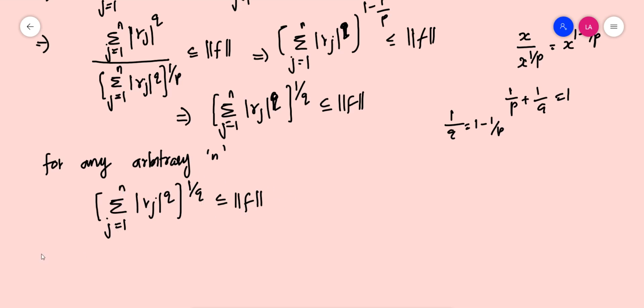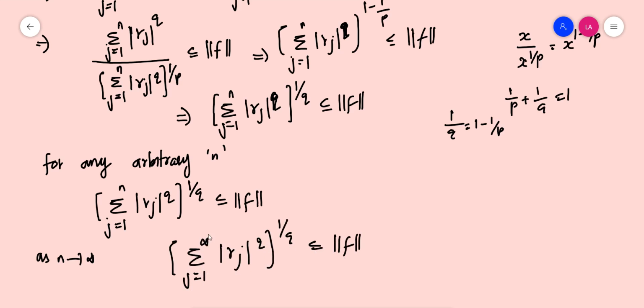So, as n tends to infinity, we can write it as summation j is equal to 1 to infinity modulus of gamma j raised to q, the whole raised to 1 by q is less than or equal to norm f, because this is true for any n. If you take n as any particular value, this is true. So this is true for any n, which means as n tends to infinity also, this inequality should be valid.